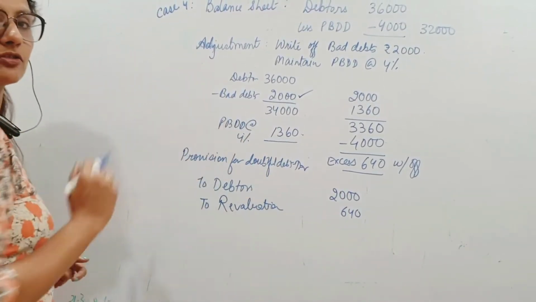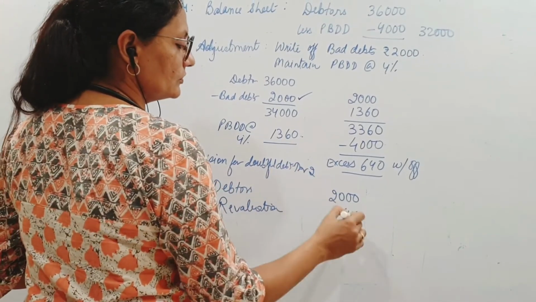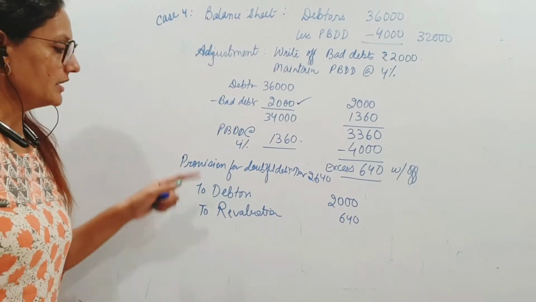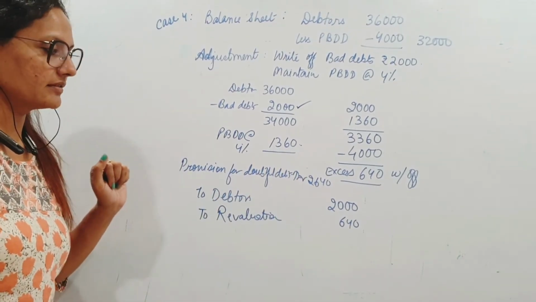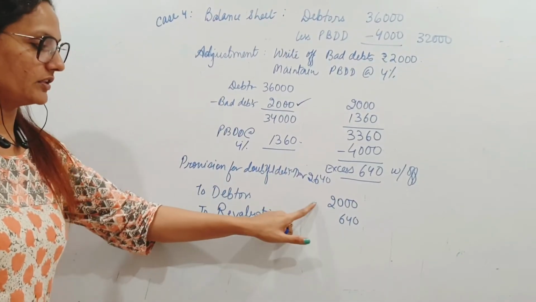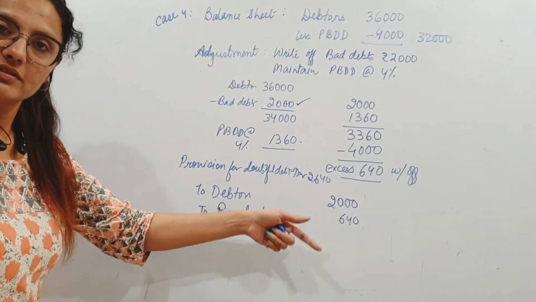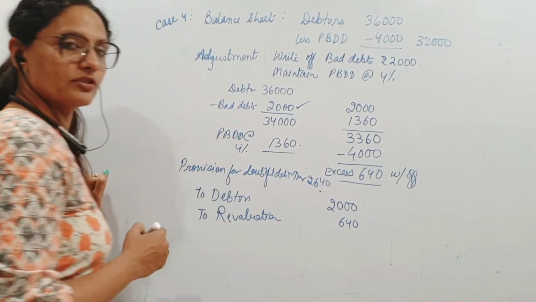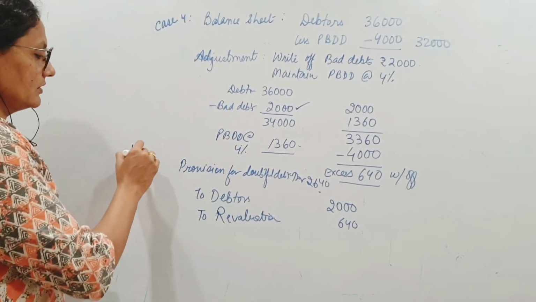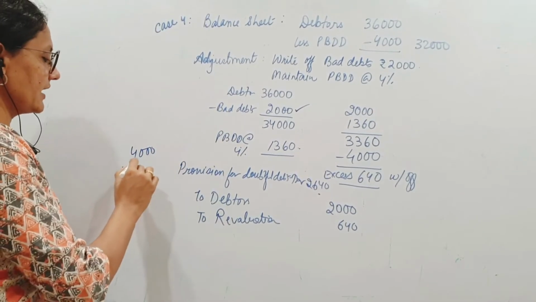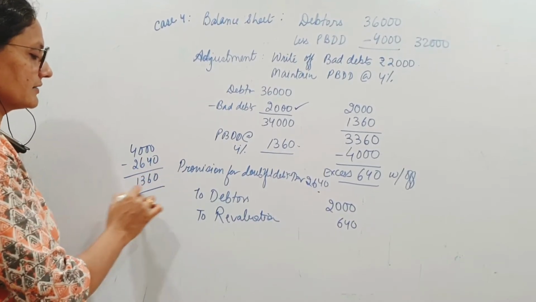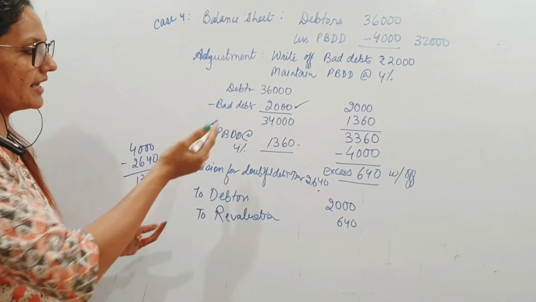So by how much do I debit my provision? 2640. Alright, so 2640 I debit, I credit debtors for the bad debts, revaluation, 640 the excess. So you see, if I debit this provision by 2640, 4,000 was already there, I have debited 2640, my new provision is at 1360, the desired level.